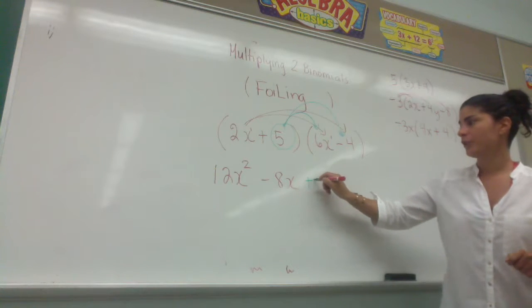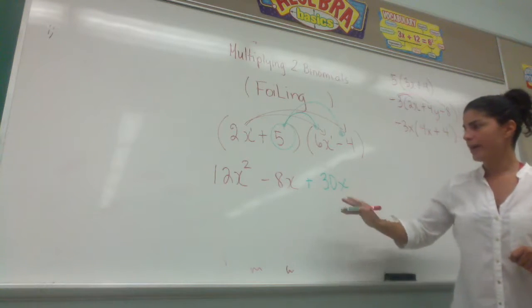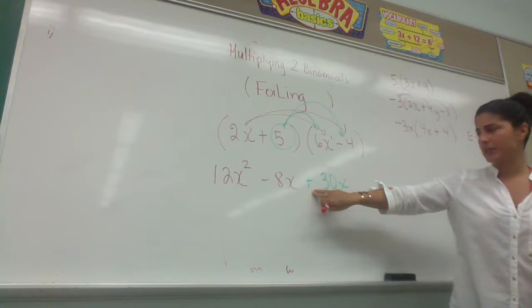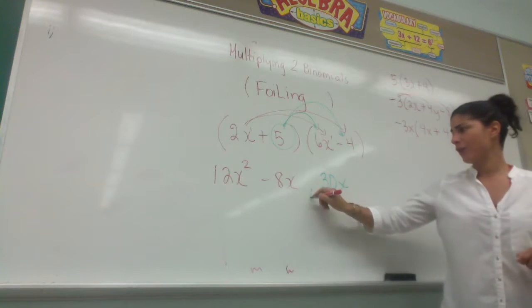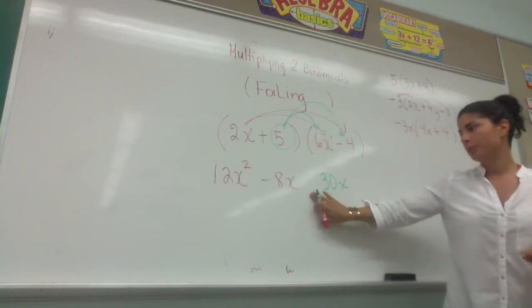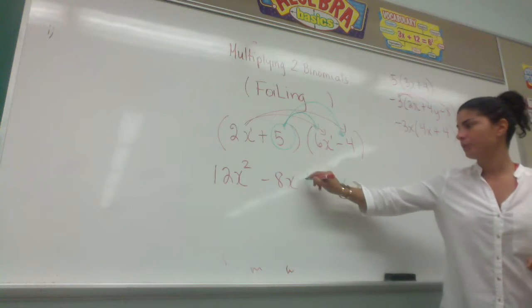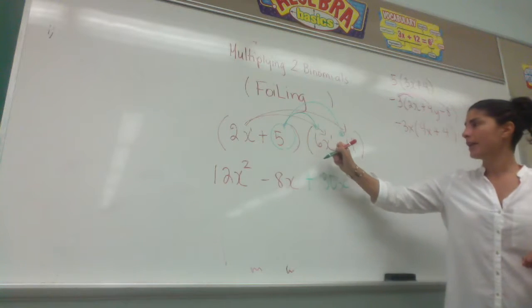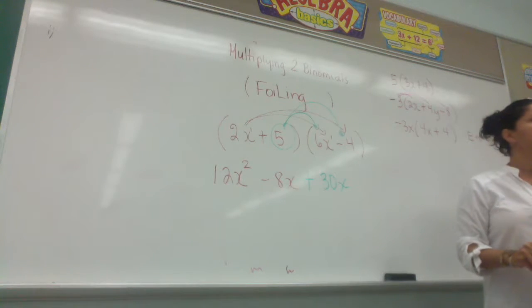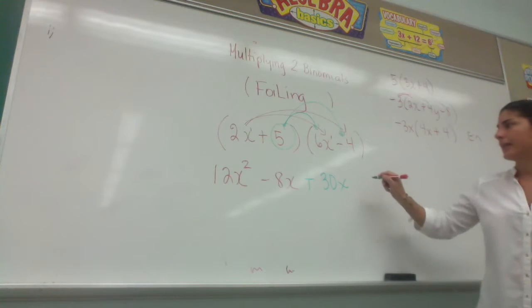So plus 30x. Is it right if I do not have this plus sign? Can I leave it like this? No. Can I have a comma? No. Please, if it is a positive, put plus. And now I need 5 times -4. -20.